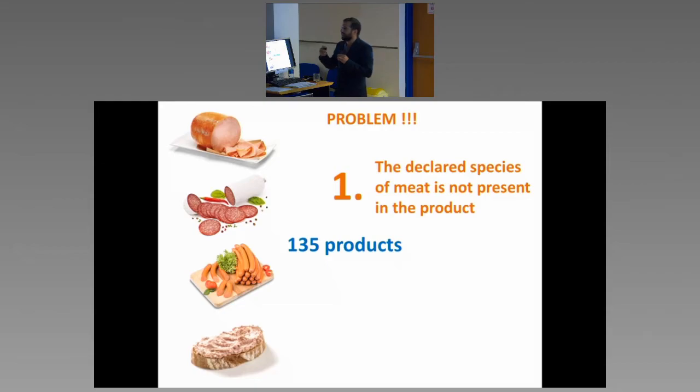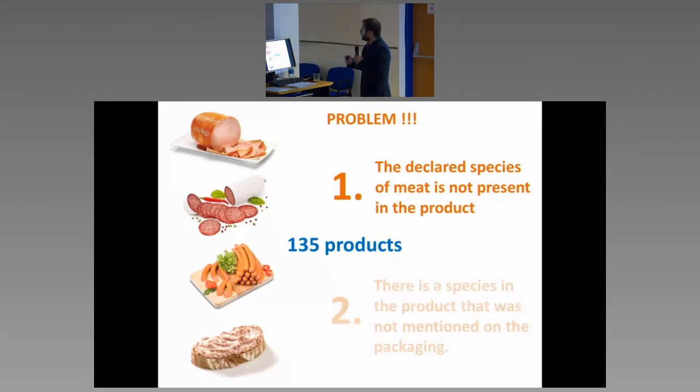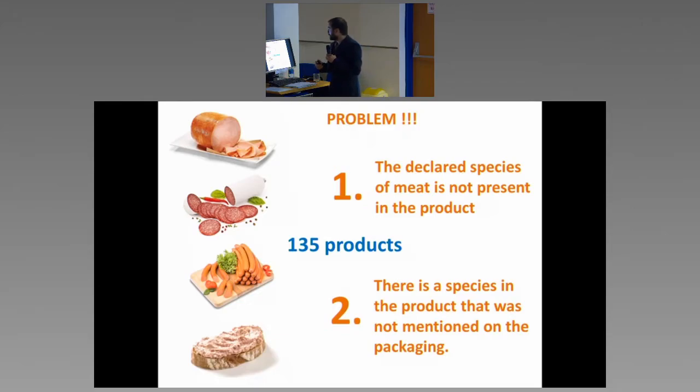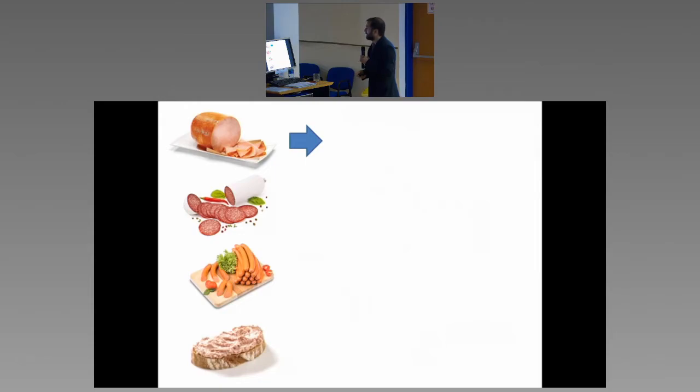Another problem we focused on is if there is a species in the product that was not mentioned on the packaging. Both of these are against European legislation. They call it fraud, or they call it adulteration. So let's see the results.